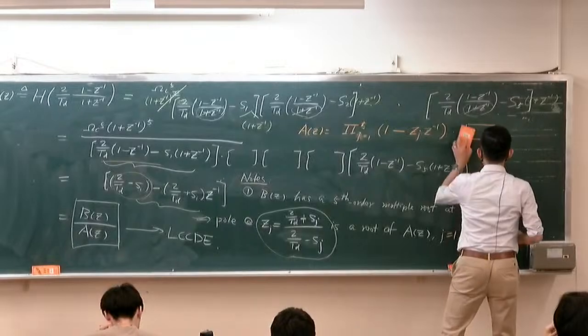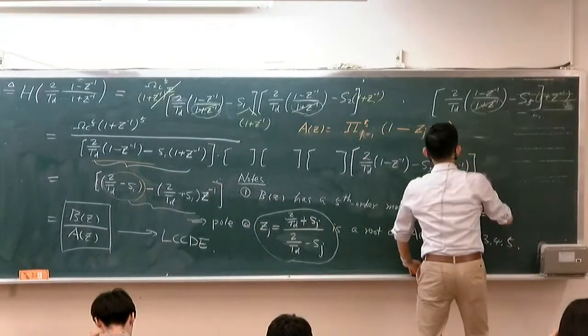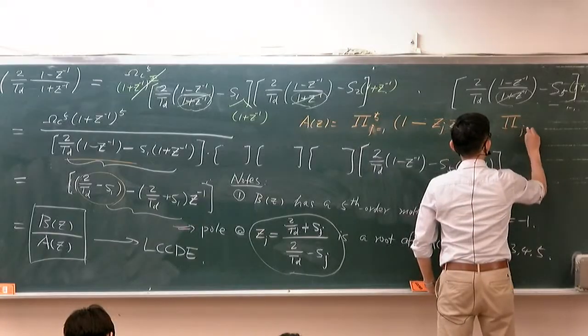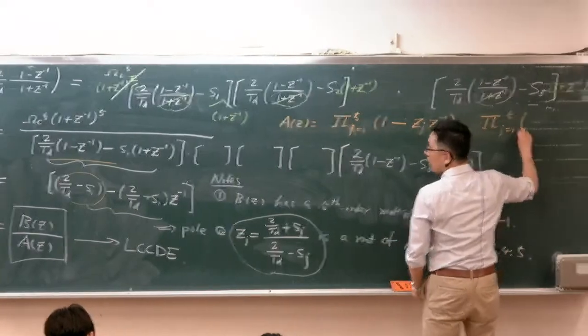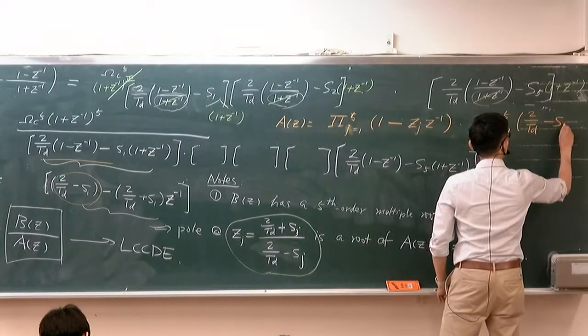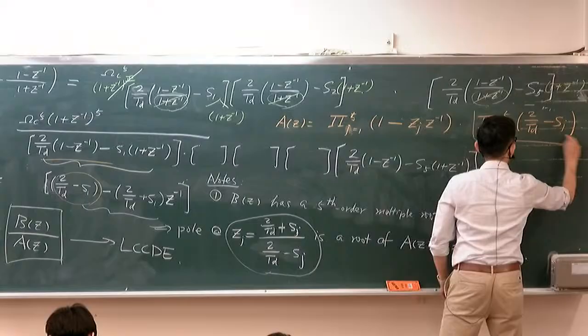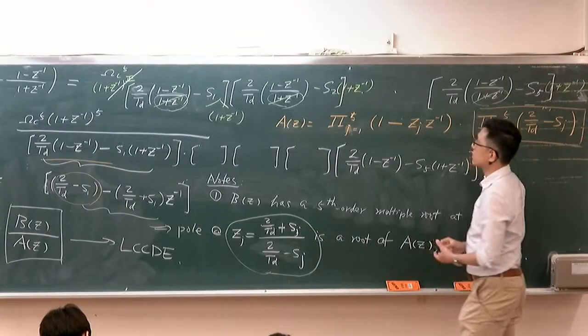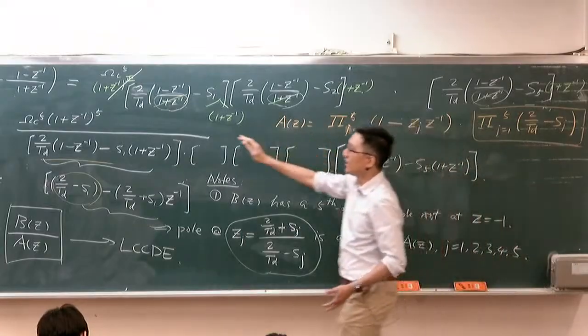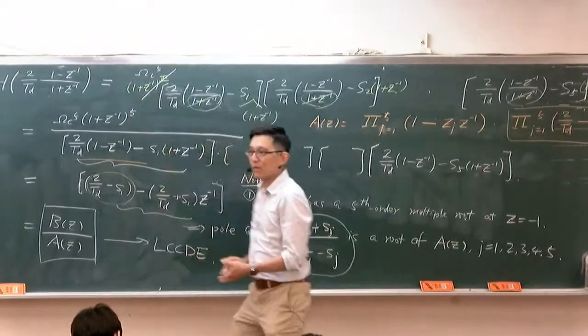So now this big constant, what is it? The big constant is the product over j from 1 to 5 of 2 divided by (1 minus s_j). That should have been put at the top.